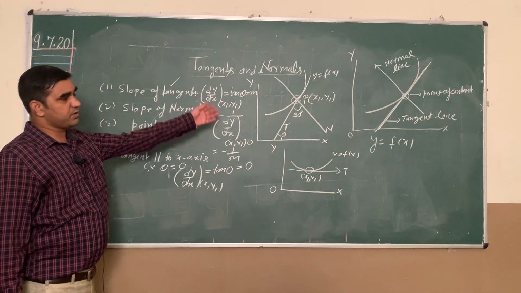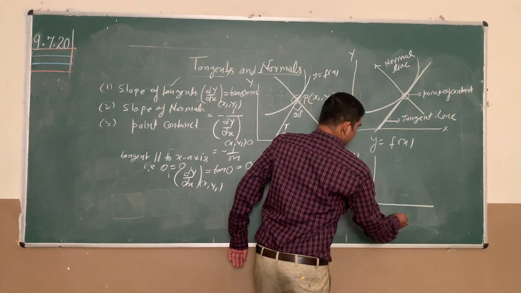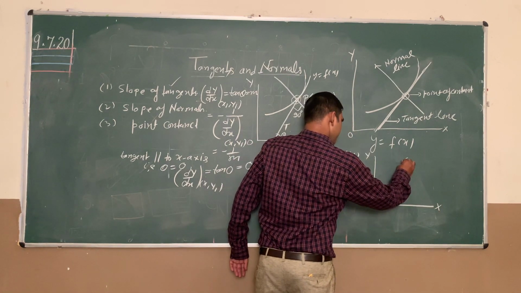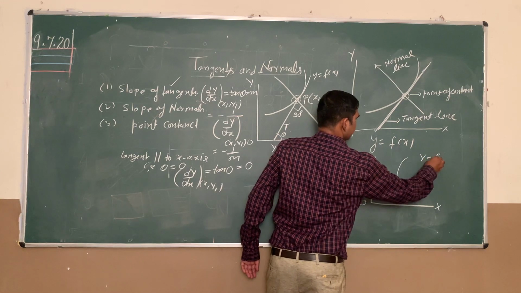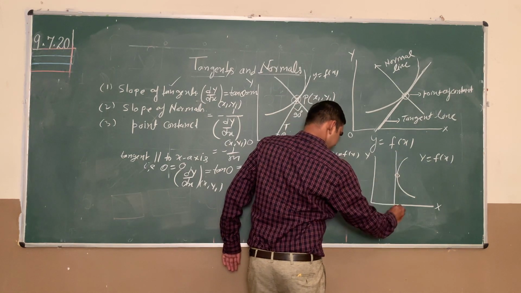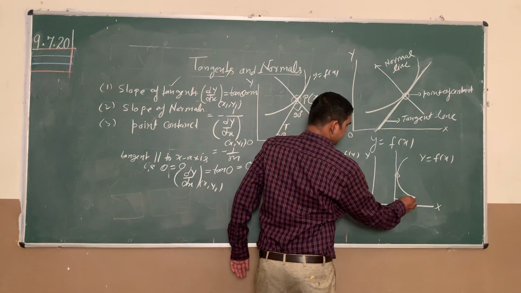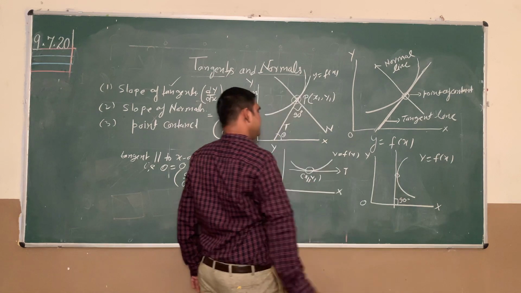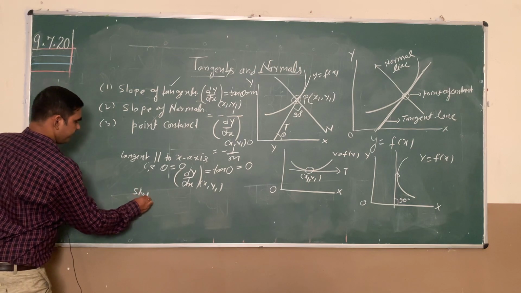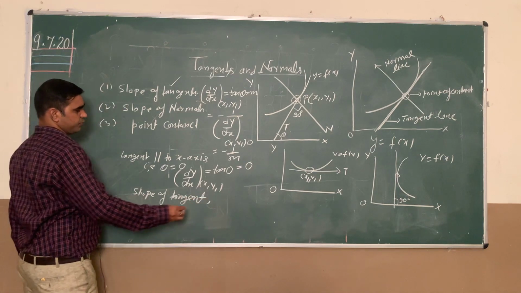Now suppose that tangent is parallel to y-axis. Again we consider a curve y equal to f(x) and coordinate axes OX and OY. Now if you draw a tangent at this point, then in that case the angle is 90 degrees, that means theta is 90 degrees, or pi by 2 in radian measure. So what is the slope of tangent in that case?